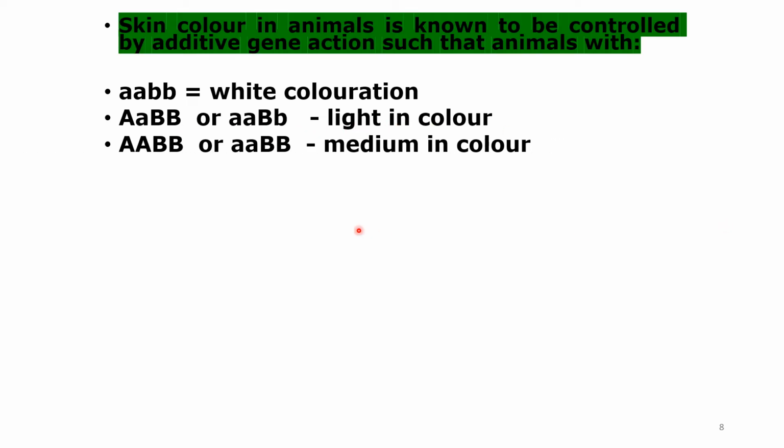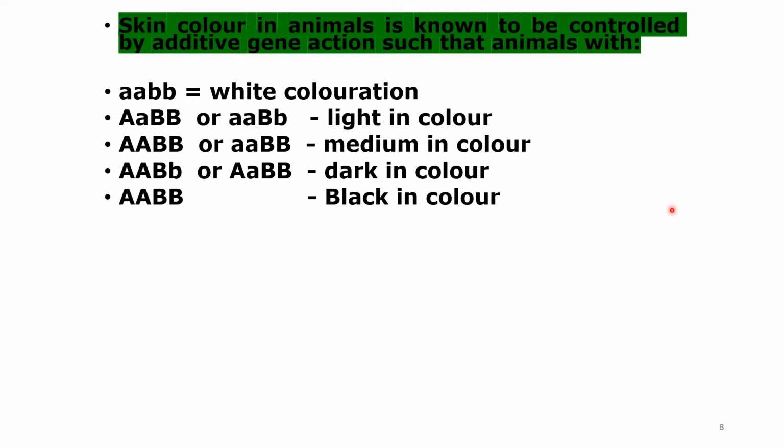Those that have this genotype are medium in color, showing the effect of the dominant alleles. And those with this are dark in color, while those that are double homozygotes are completely black in color.